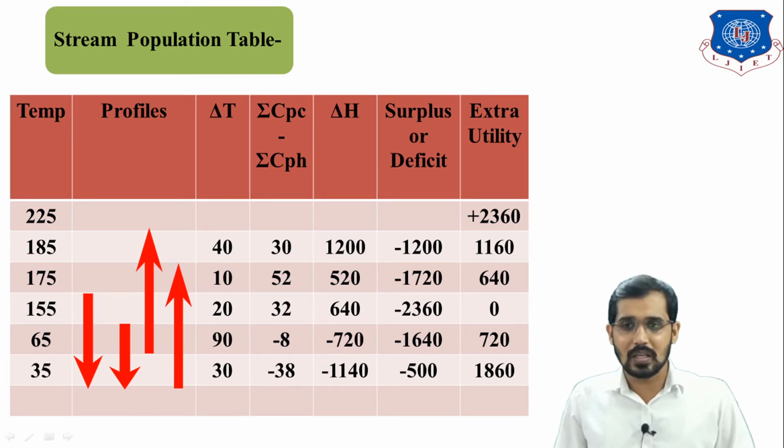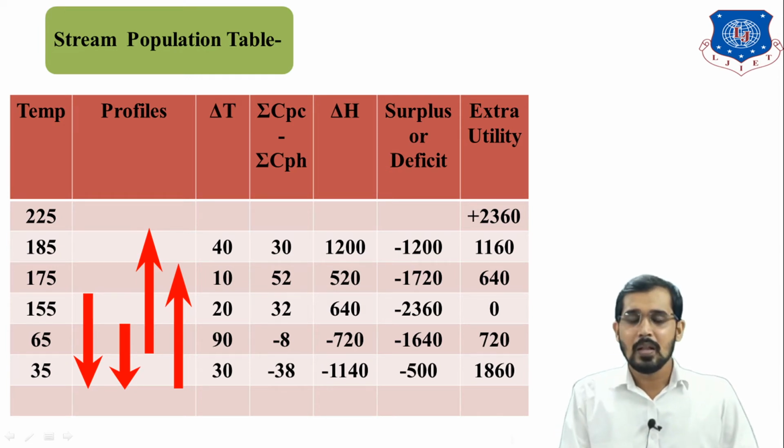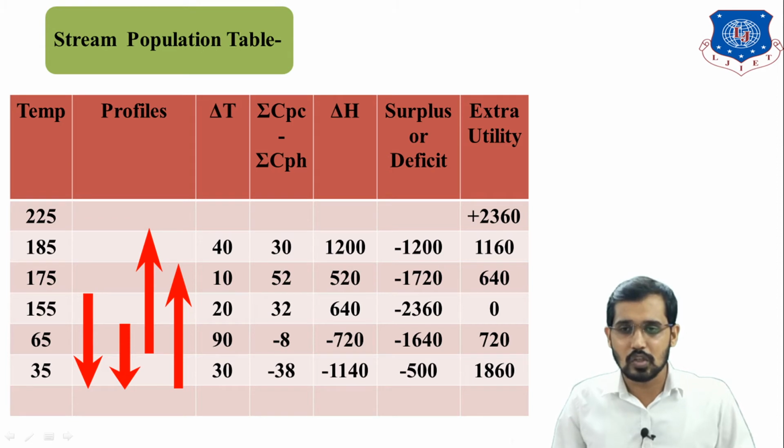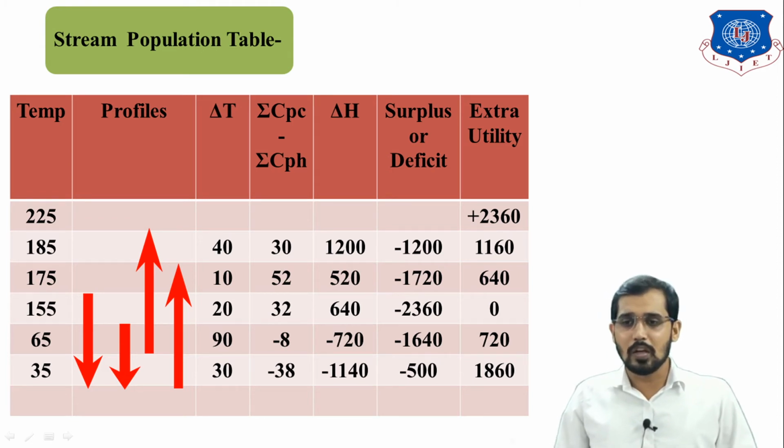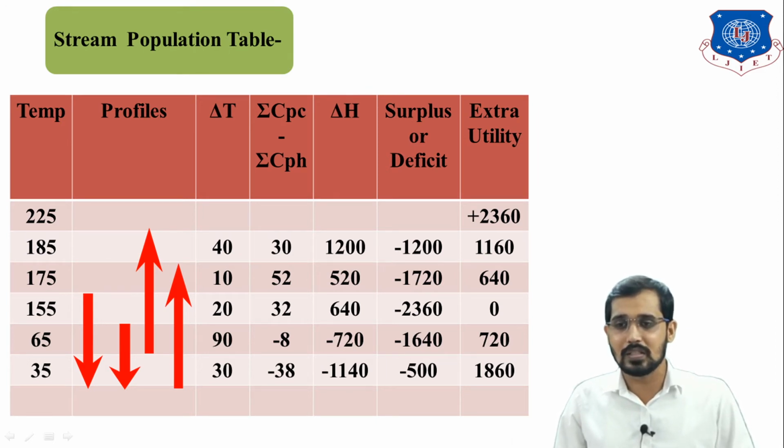So you have to take the specific heat related to this stream. Now I have to write the summation of CPC minus CPH. In this column there is no hot stream, because the hot streams are not available. This is hot stream 1, this is hot stream 2.